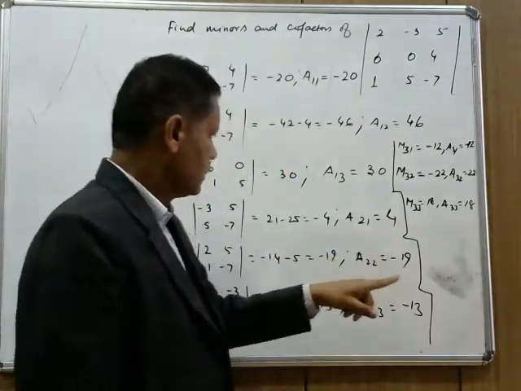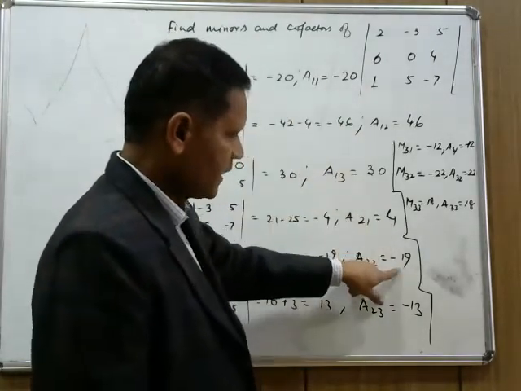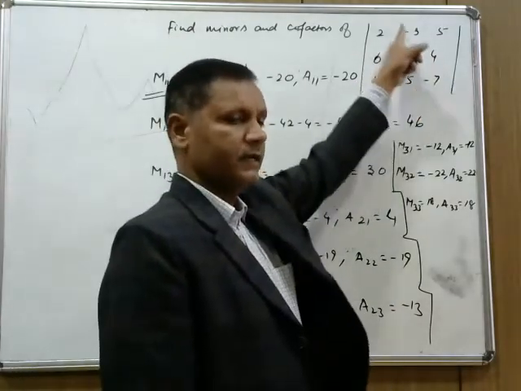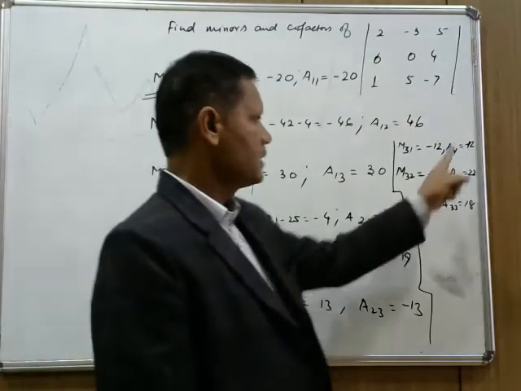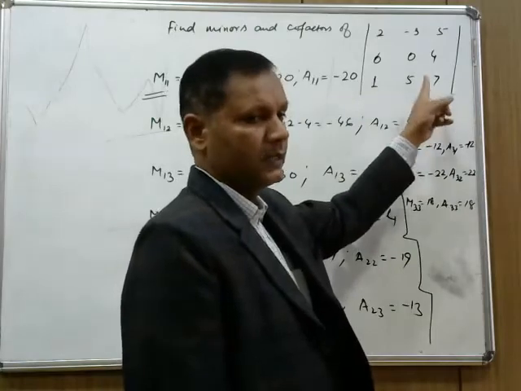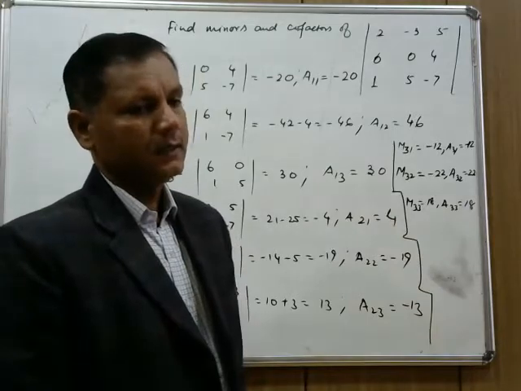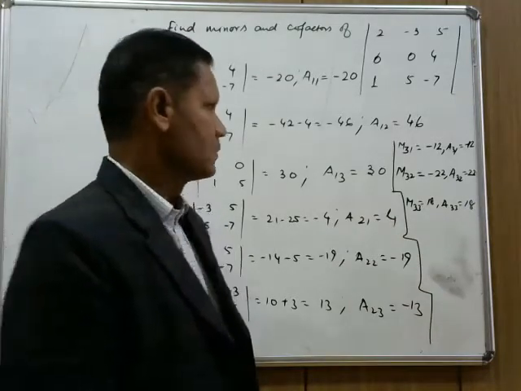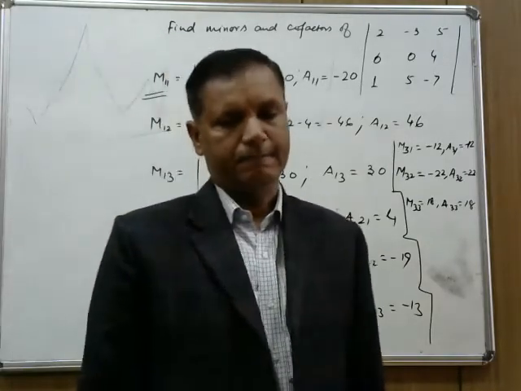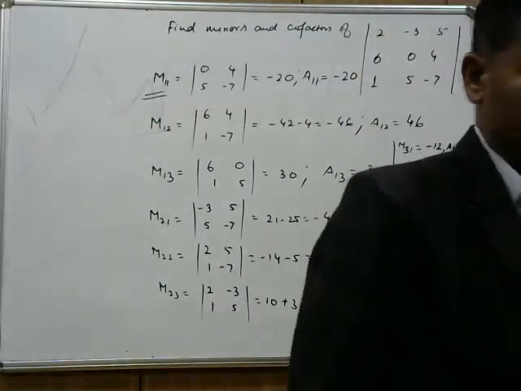Here, 4, minus 19 and minus 13, these are the entries for the second row that we will write as the second column. And minus 12, 22 and 18, these are the cofactors of the third row that I will write as the third column. That means writing the transpose of the cofactors is called the adjoint of the given matrix A. Okay, now I will discuss the adjoint of any matrix.